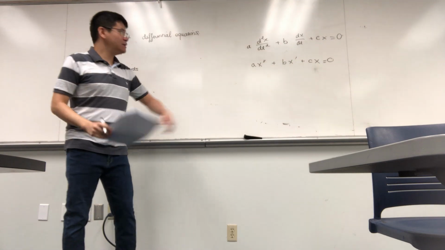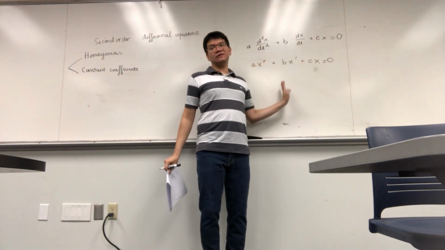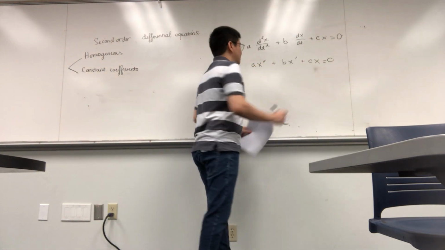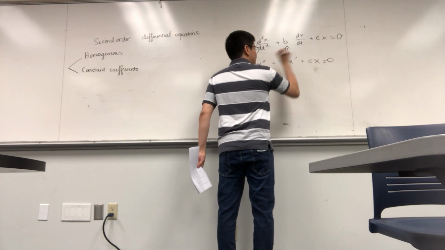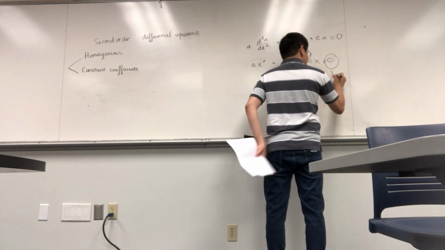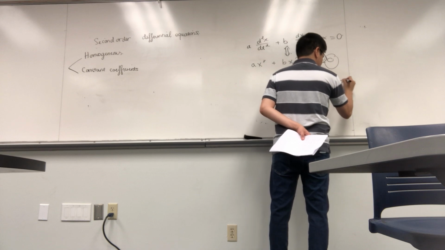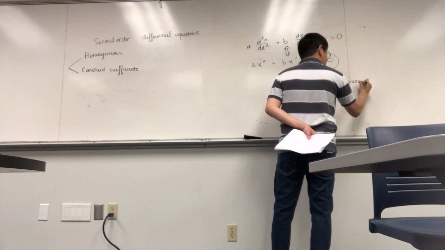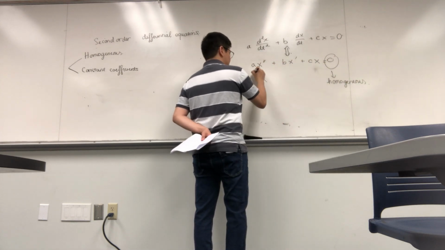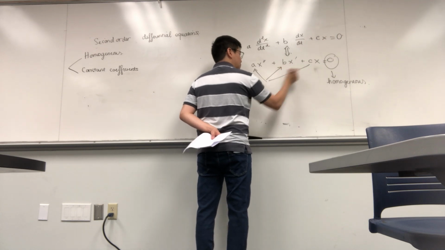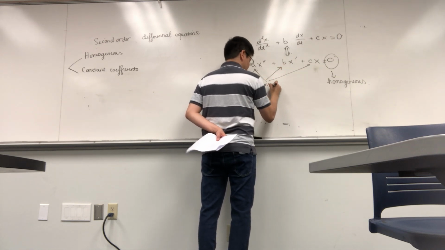There are two ways of writing it. The first one is like this, and the second one is like this. They are equivalent. Here you have 0, so this is homogeneous. And a, b, c are constant coefficients.